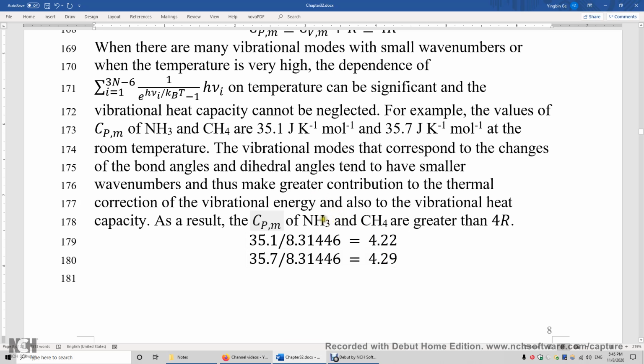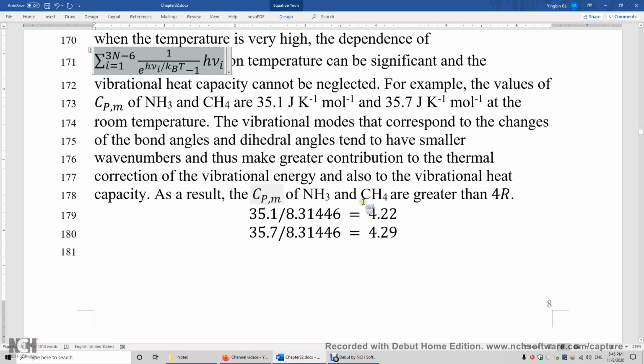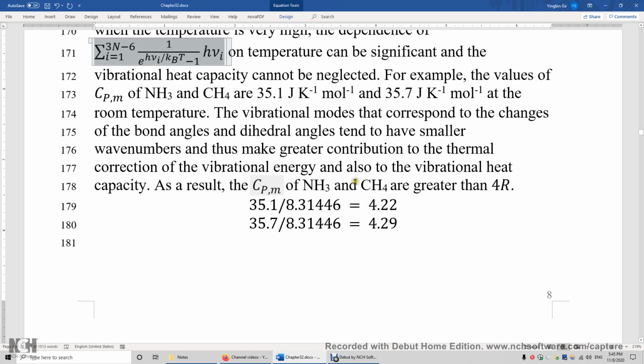Mostly it's because in ammonia and in methane, I think you have at least one vibrational mode that corresponds to the change of the dihedral angle. And usually that vibration mode has a very small wave number. And a small wave number means a greater contribution from this term. So that's why the CPM of ammonia and methane are greater than 4R.